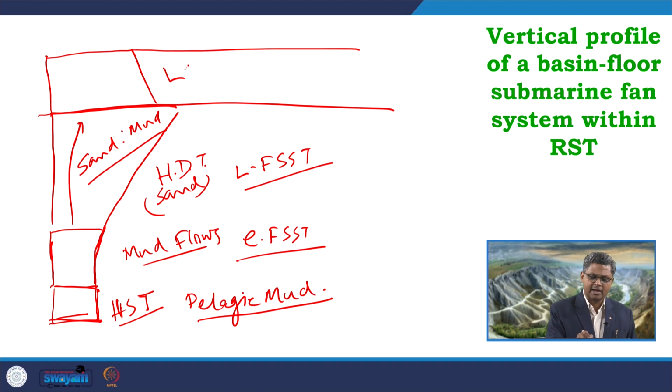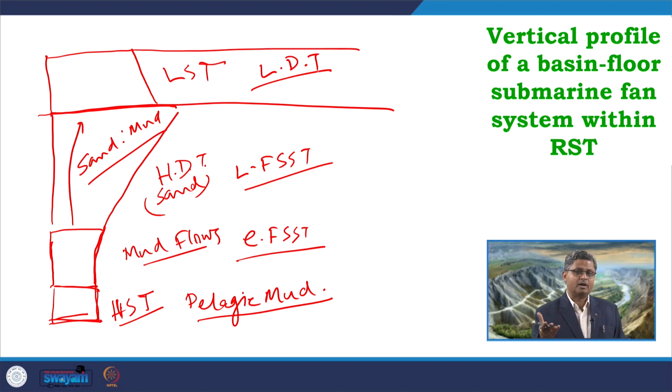So, this is the LST phase, and during this phase, since the deposition is now going on at the shelf edge, the shelf edge delta is forming and sand is supplied. So, these individual gravity flows are represented by low density turbidites with sand, and associated with that a significant amount of mud is also available.